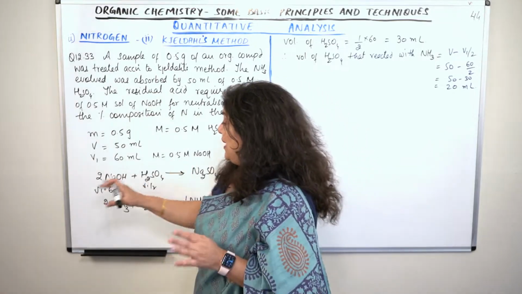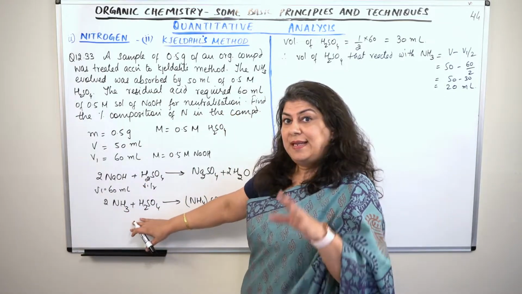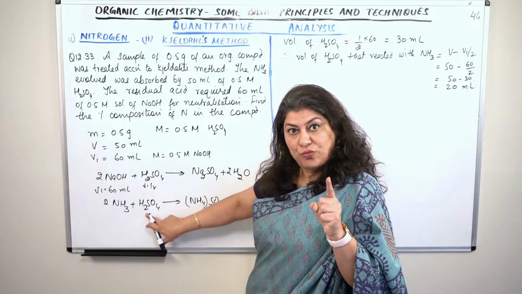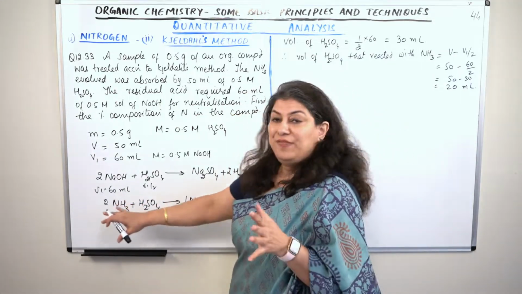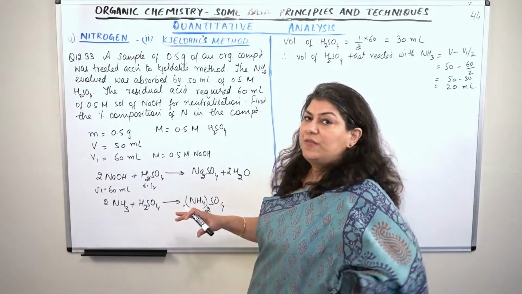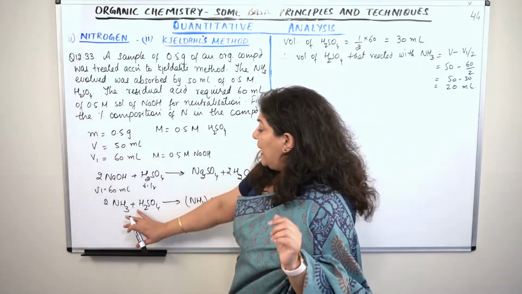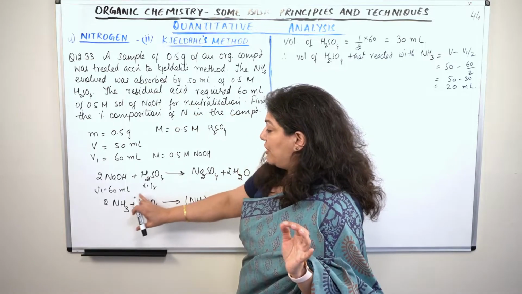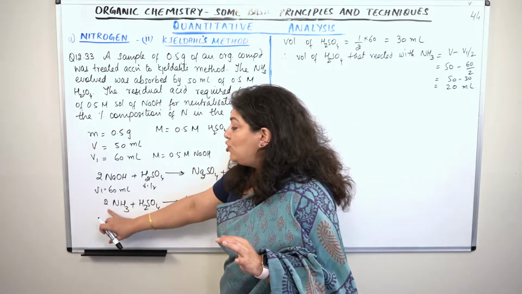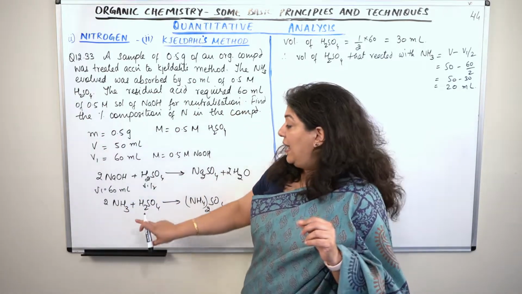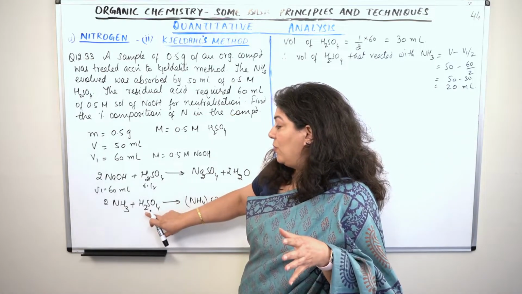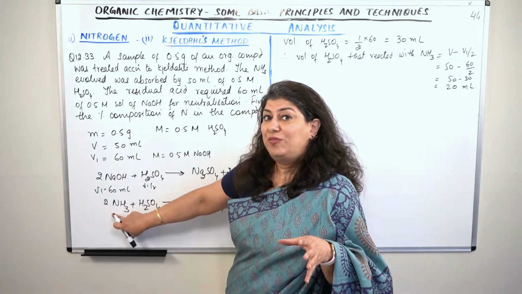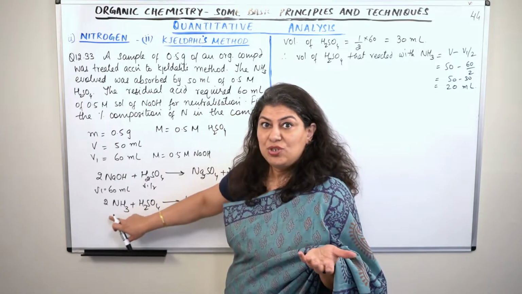From this now we come to the second reaction. If 20 ml of H2SO4 reacted with ammonia in a balanced equation, whatever the molarity is, if we had 1 molar solutions, 1 mole of sulfuric acid would react with 2 moles of ammonia. If we have 20 ml of 1 molar solution, then the volume of ammonia for the same strength would be twice of it.